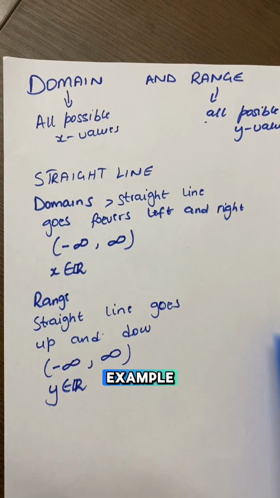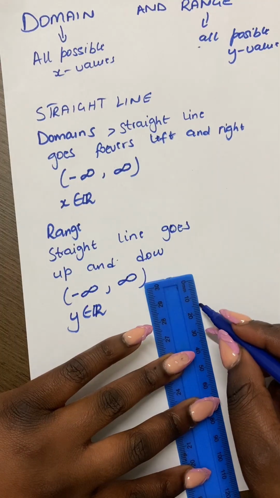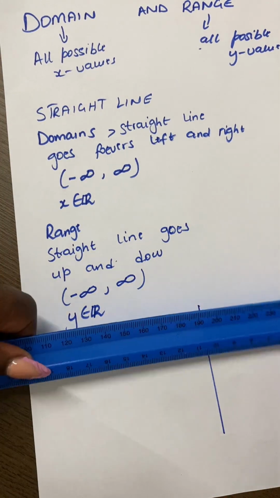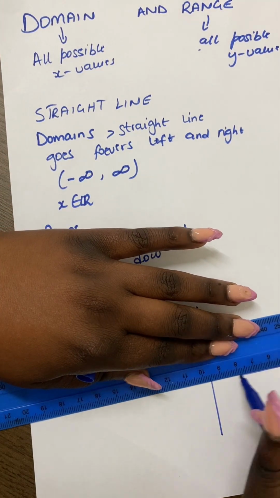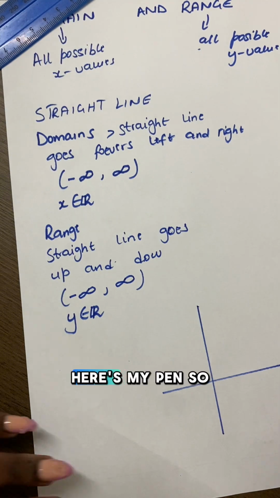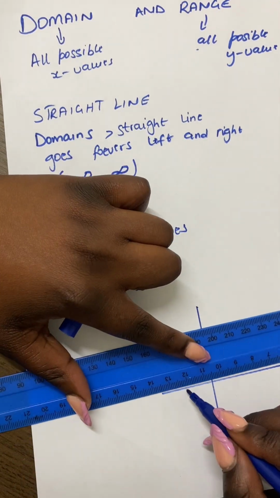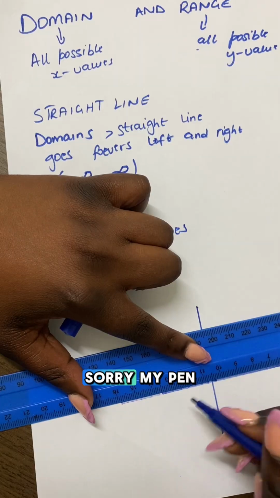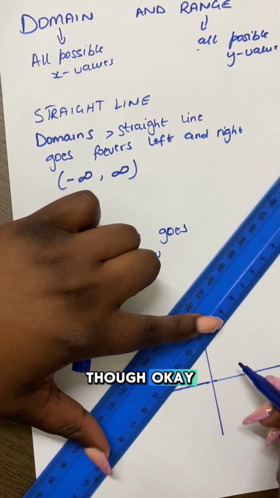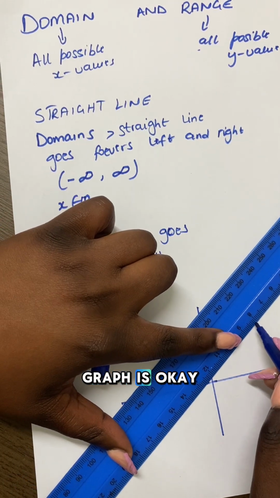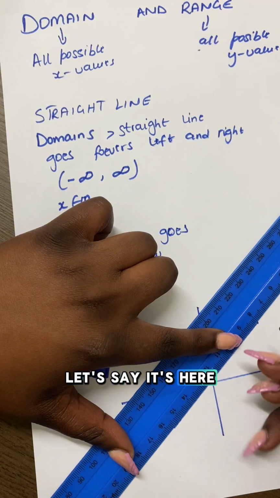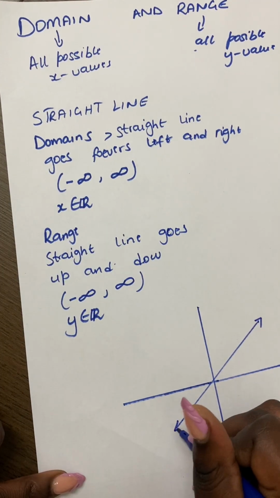Let's check an example. Let's say the graph is here at the origin.